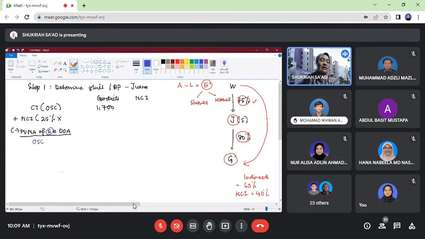What will be the ordinary share capital Juara? Tengok statement Juara. Berapa nilai? 2 million. 2,000. Okay. Ambil je figure kat situ. 2,000, sebab Ida delete dah the last 3 0.